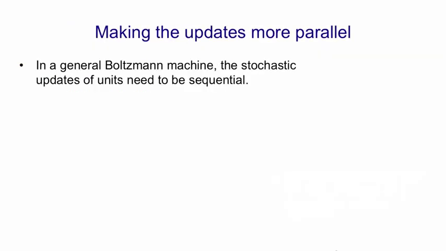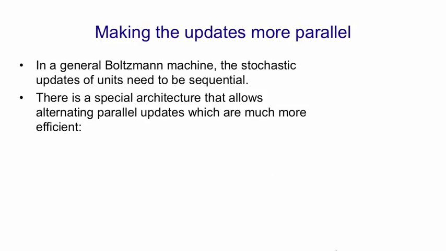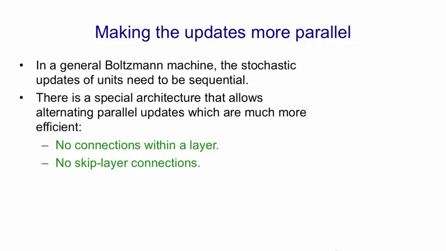If we want to make the updates for the fantasy particles more parallel, we can change the architecture of the Boltzmann machine. So we're going to have a special architecture that allows alternating parallel updates for the fantasy particles. We have no connections within a layer, and we have no skip layer connections, but we allow ourselves lots of hidden layers.